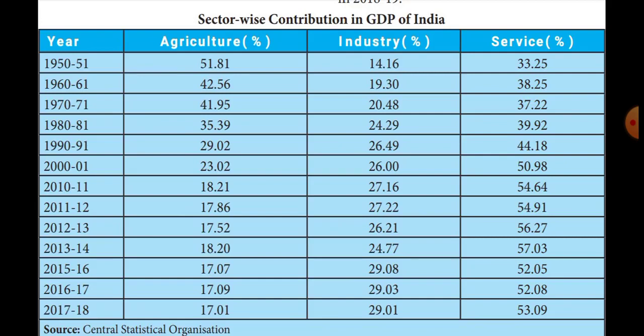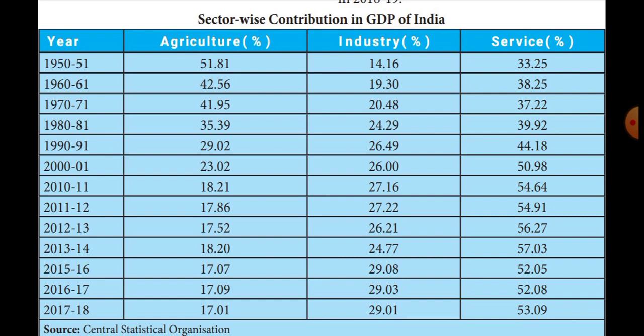Then 2012 to 13: 17.52, 26.21, 56.27. 2013 to 14: 18.20, 24.77, 57.30. Then 2015 to 16: 17.07, 29.08, 52.05. 2016 to 17: 17.09, 29.03, 52.08.